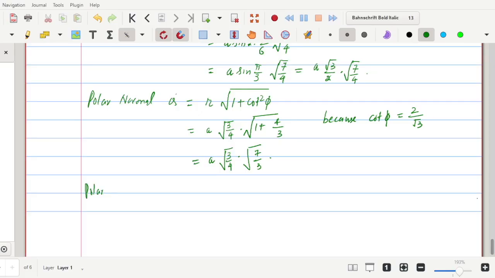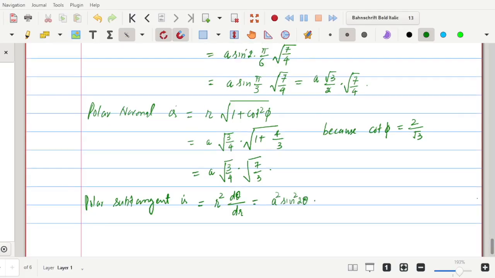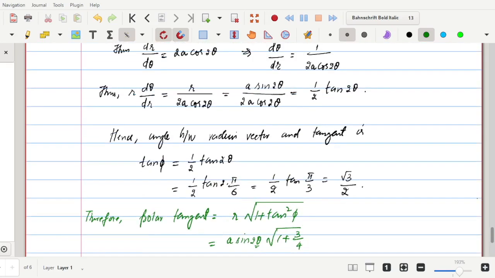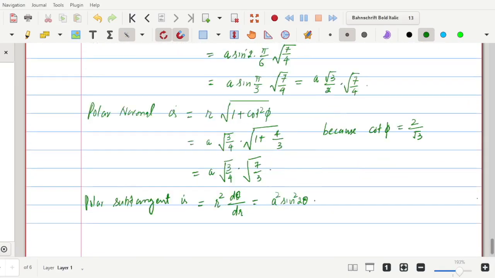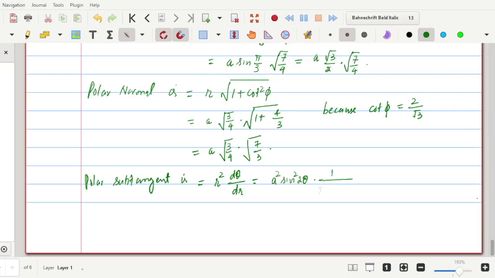Now the polar subtangent is equal to r square d theta by dr. Now r square is equal to a square sine square 2 theta, and we can find this d theta by dr from the above calculations. We can see that d theta by dr is equal to 1 divided by 2a cos 2 theta.